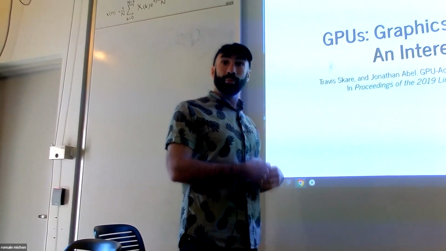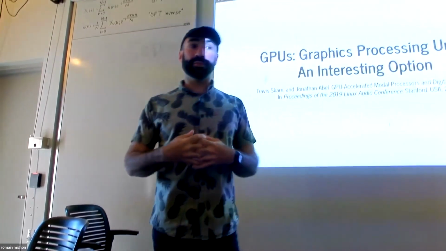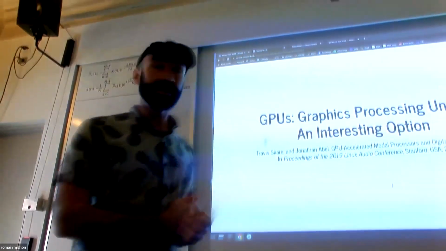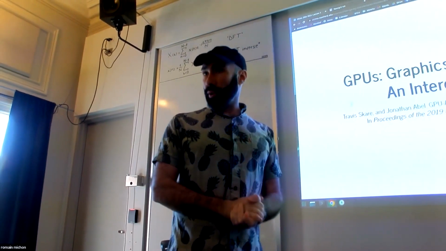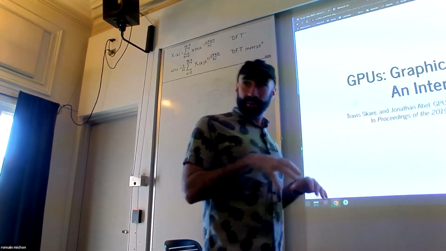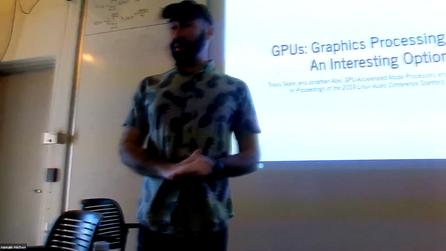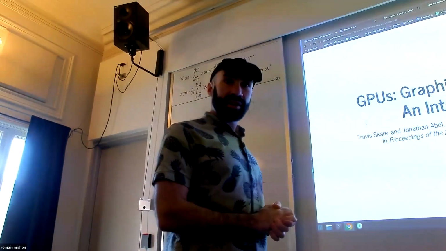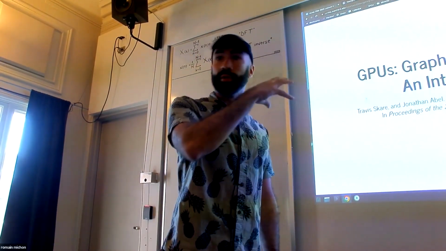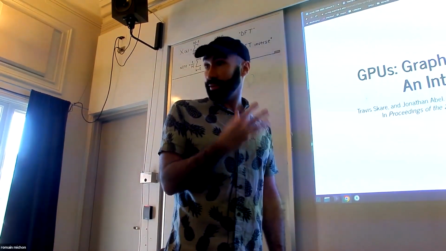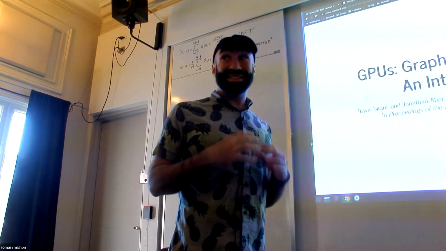So because you have so many cores, on a GPU you can do a lot of parallel processing. Okay, and there are some algorithms in audio DSP that can be heavily parallelized. If you have an algorithm that can be heavily parallelized, then the GPU is very good for you, and the gain can be significant.